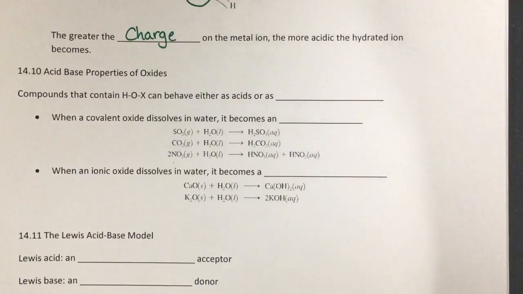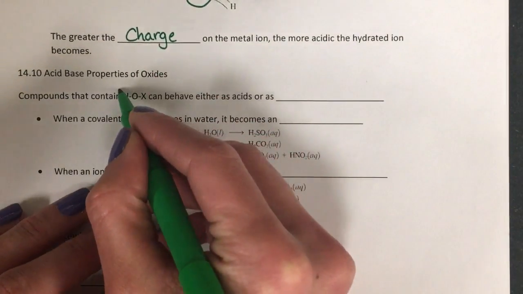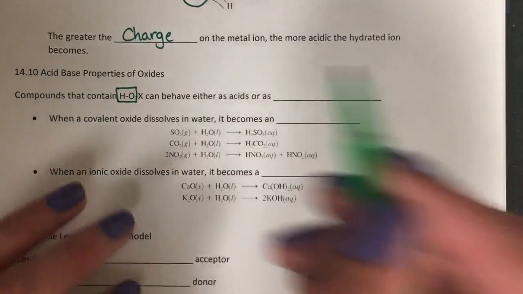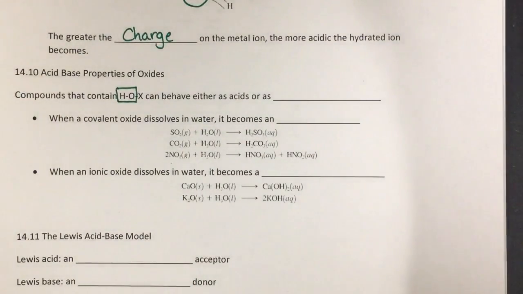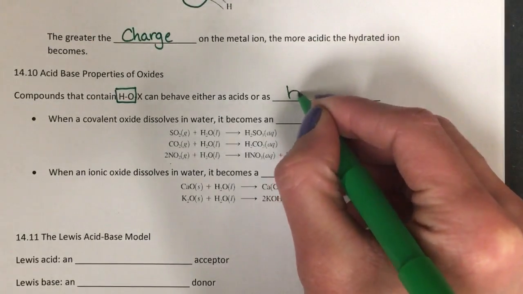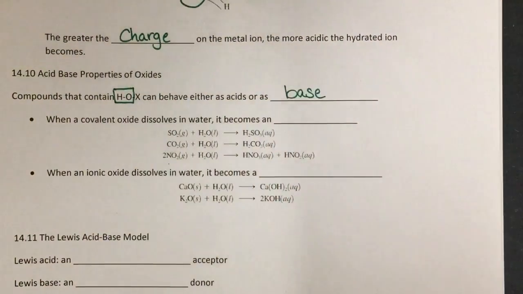Now, oxyacids get confusing. And the reason oxyacids get confusing is because we can have an OH on them. So they look like they should be a base, but oxyacids are actually an acid. So when we have an OH, how can we tell if it's going to be an acid or if it's going to be a base?